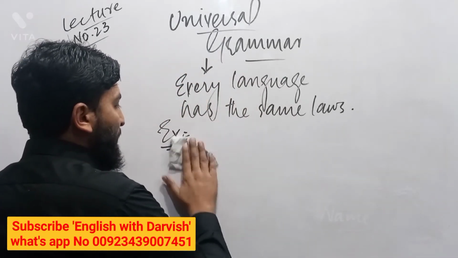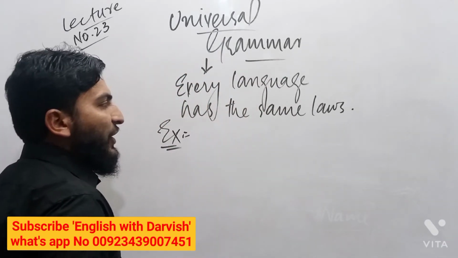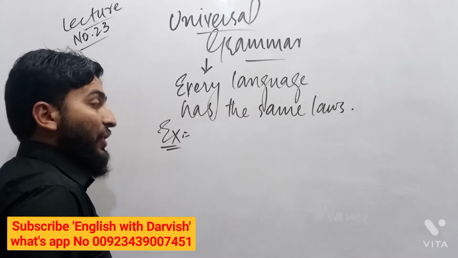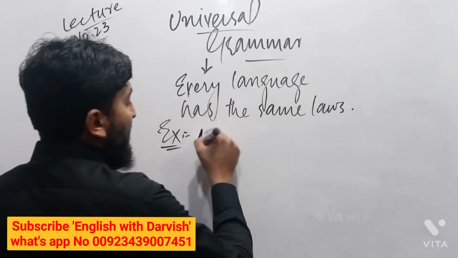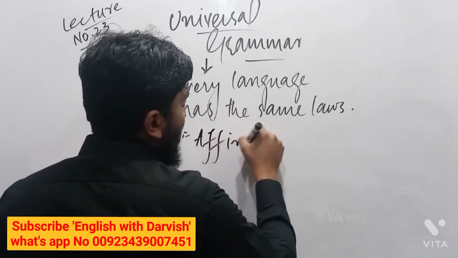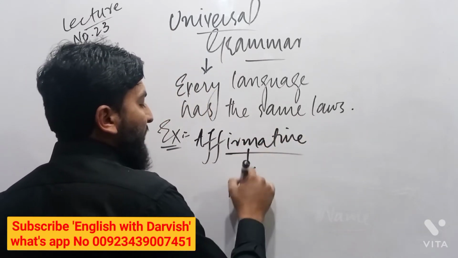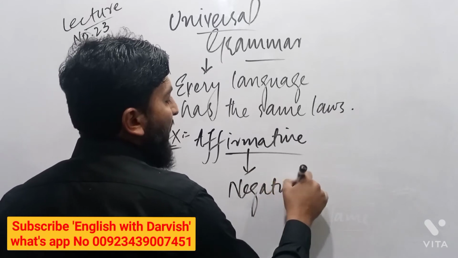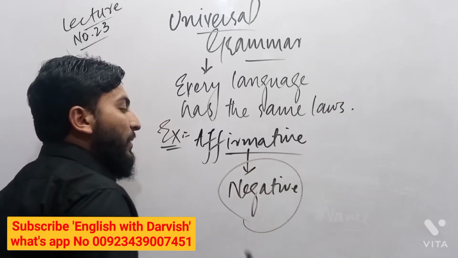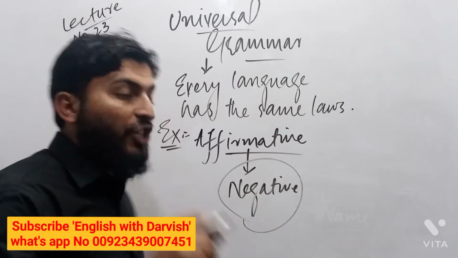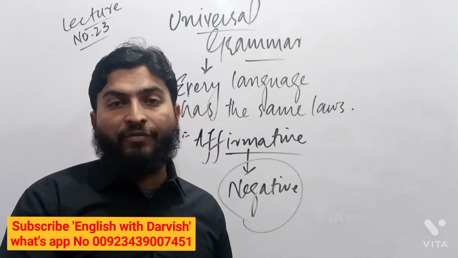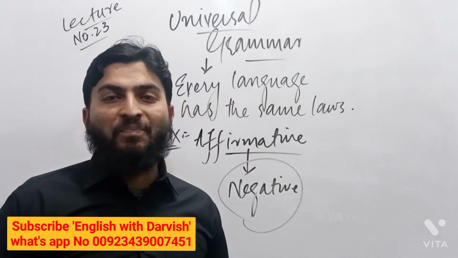For example, there are various structures, but we understand that if there is a sentence that is affirmative in meaning, then changing this affirmative into negative, there are certain rules for changing from positive into negative, and these rules are the same.